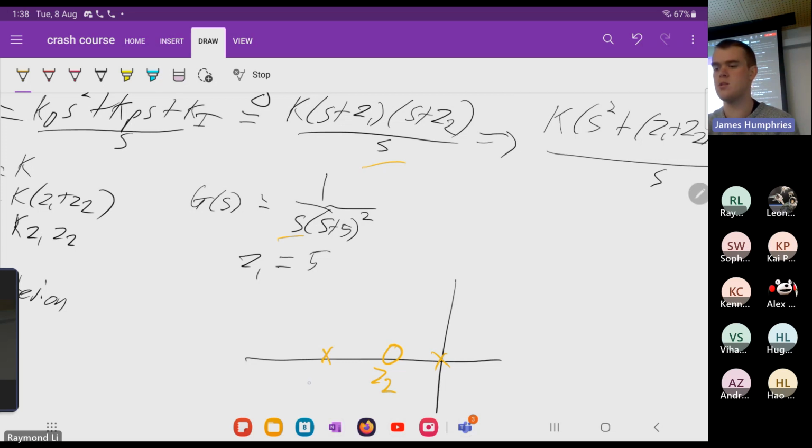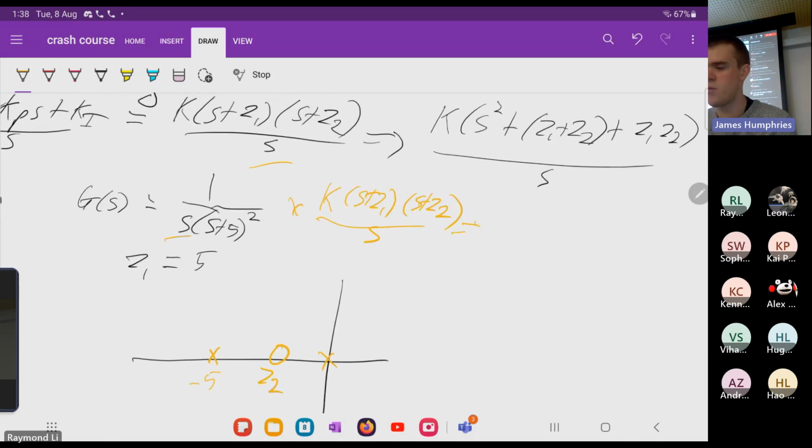That makes sense? So that's a double pole on the bottom and then a single pole on the top? Yes. So we had this G of S equal to 1 over S of S plus 5, multiplied by K of S plus Z1, S plus Z2, over S squared, S plus 5 all squared.